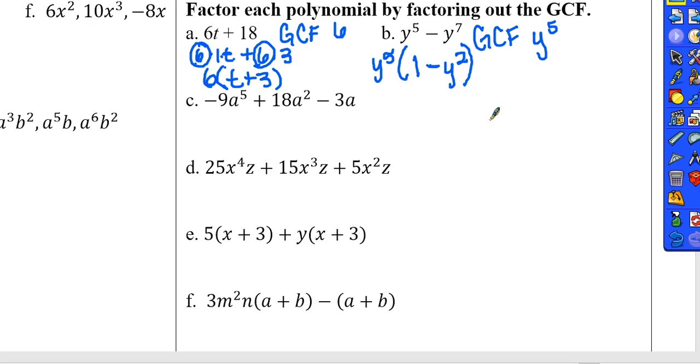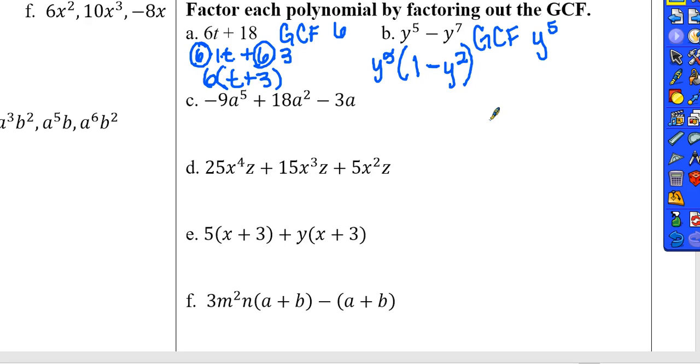Why is the 1 important? Without it, that wouldn't take you back to the original problem. You have to remember all the time that you have to be able to distribute back into this binomial factor you factored out and get back to the original. You have to remember that there's a 1 on that y to the 5th, and you're leaving it behind. It has to hold its place.